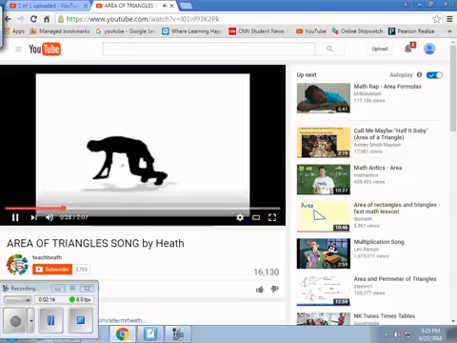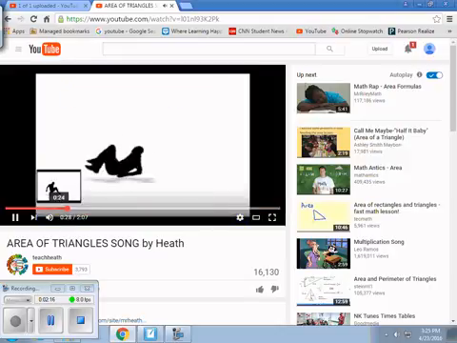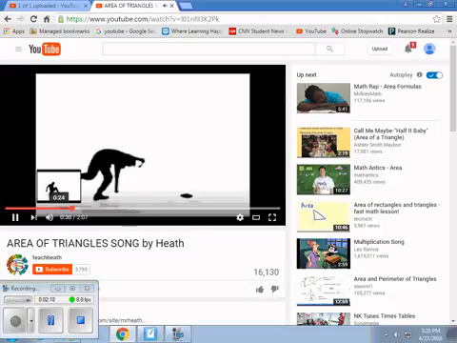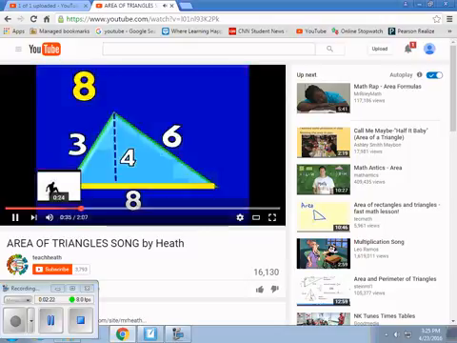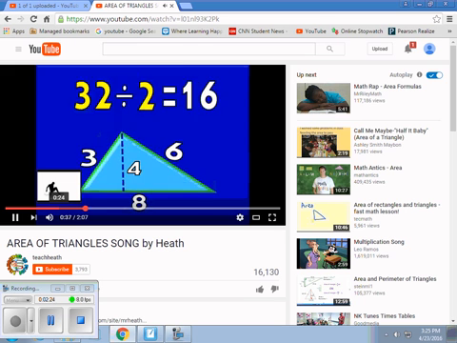Calculated area, it was really simple. Hard work, just picking up a pencil. Got the info, this is what you do. Multiply the base and the height, divided by 2.